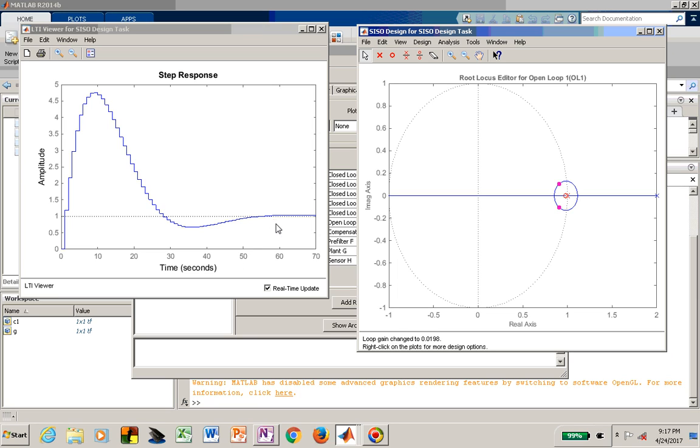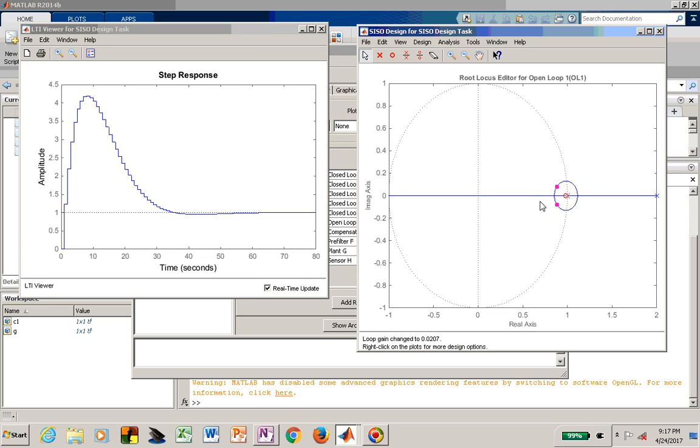Our settling time is quite large, about 60 samples. We really didn't specify the sample period, but you can see that if I adjust the gain of my system, which effectively changes the closed loop poles, I can modify this dynamic behavior, the closed loop step response.